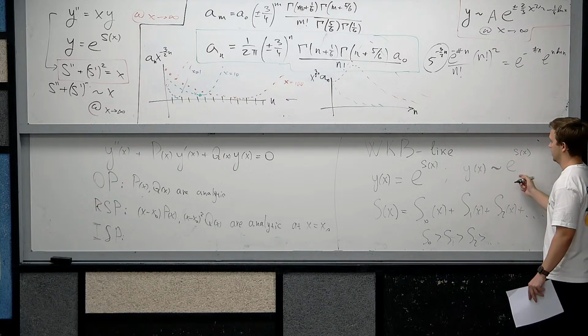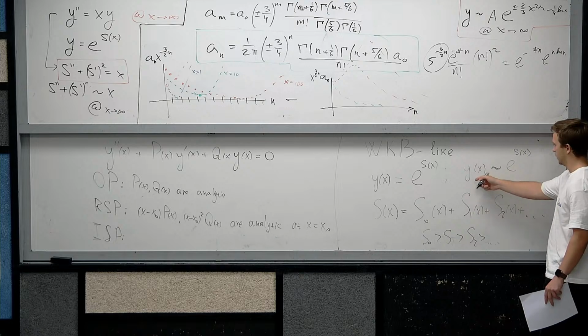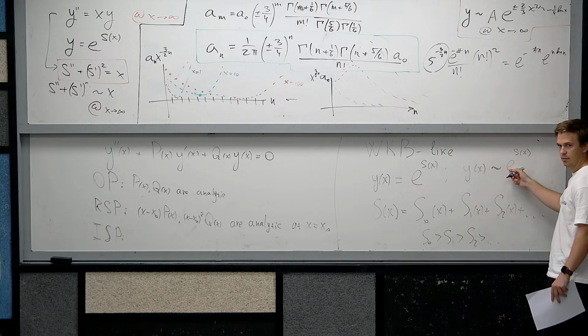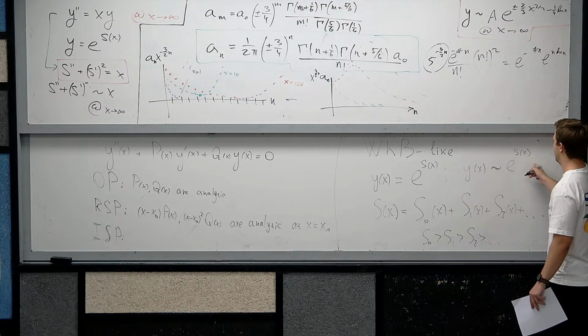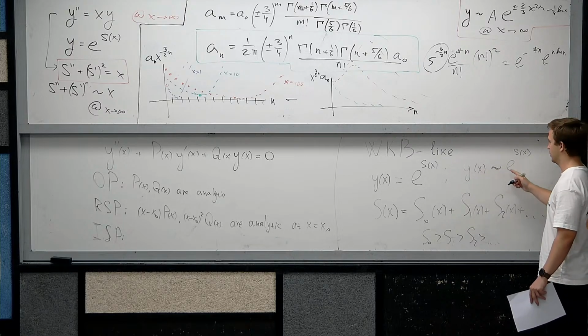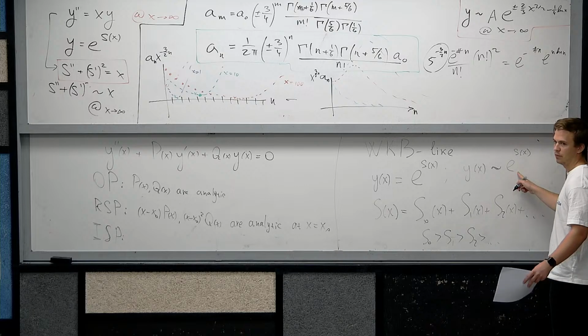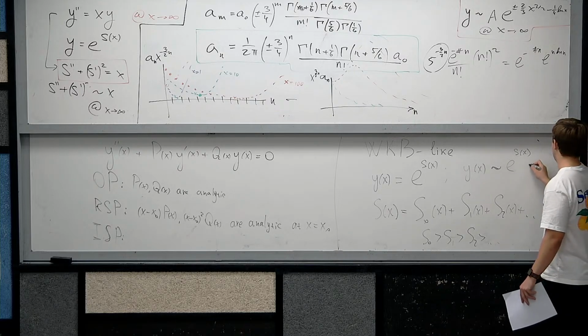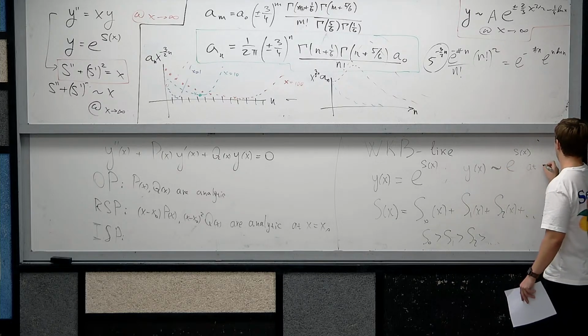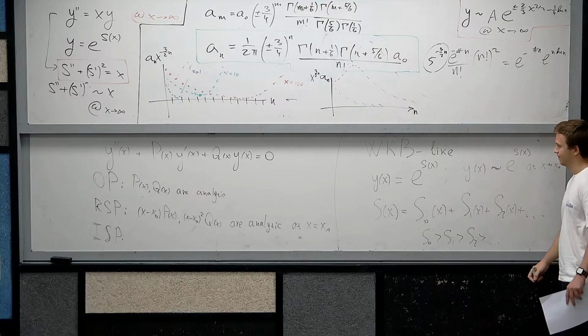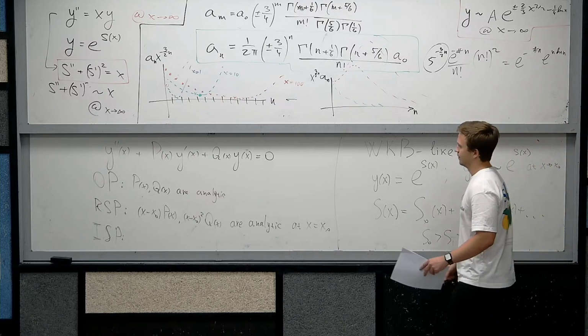And what does it mean that our solution is asymptotic to this? That in the limit x goes to x naught, it behaves like that. It's the same function. Usually when we say that some function is asymptotic to another function, we need to specify at which point, right? And we say that these two functions are asymptotic to each other as x goes to x naught. Okay.